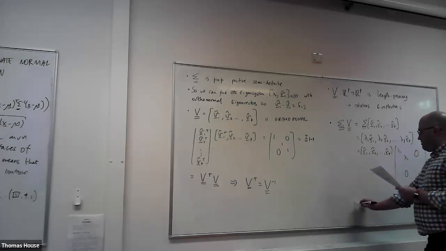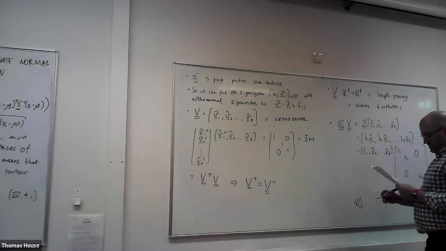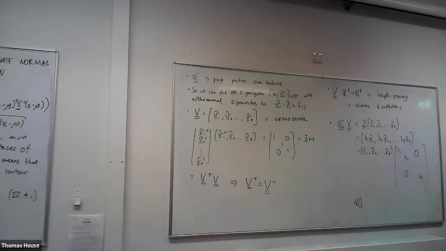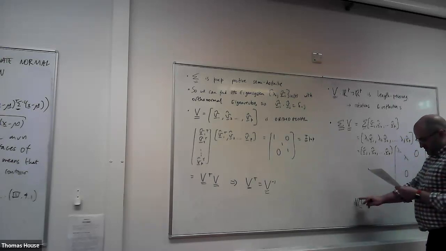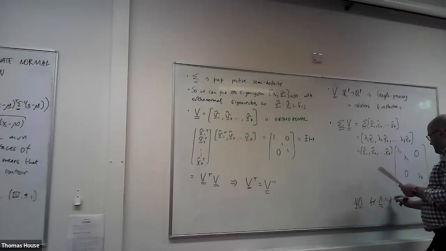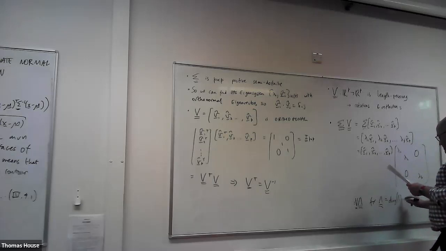So that's going to equal V times this lambda matrix, with the lambda i's on the diagonal.